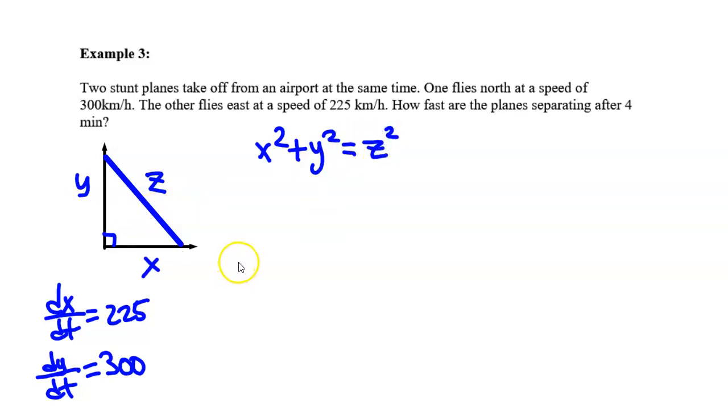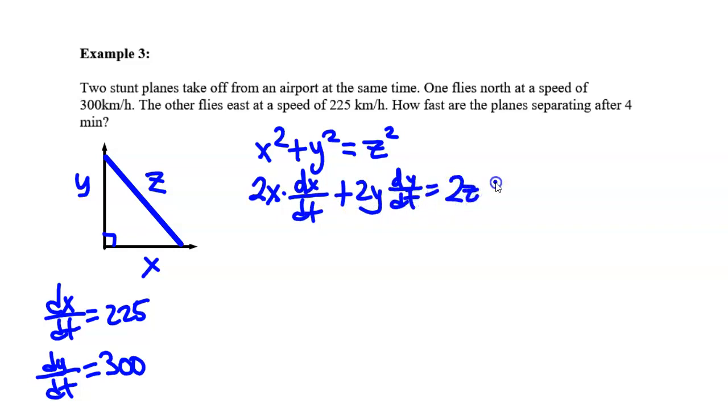Okay, so I've got my step 1, I've got my step 2. Step 3 is to take the derivative of both sides of this equation with respect to time. So 2x dx dt plus 2y dy dt equals 2z dz dt.